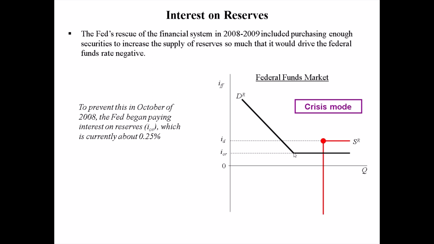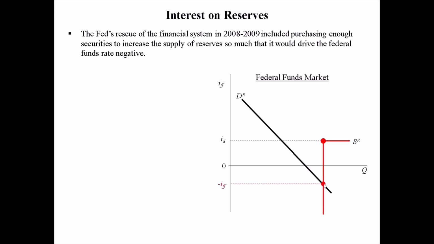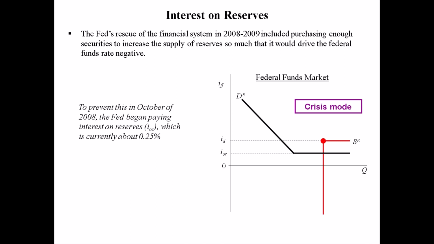And the reason why is, if you're a bank, would you rather lend your reserves to a bank at a negative federal funds rate, or would you rather lend your excess reserves to the Fed at a positive interest rate? And so that's why interest on reserves kinks the demand curve. And the new equilibrium becomes this point right here.